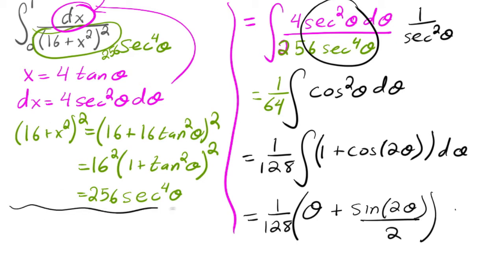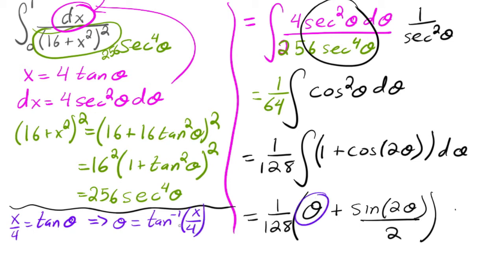Because x over 4 is equal to tangent theta, that means that theta is equal to inverse tangent of x over 4. So I'm going to plug in inverse tangent of x over 4. That was easy enough.